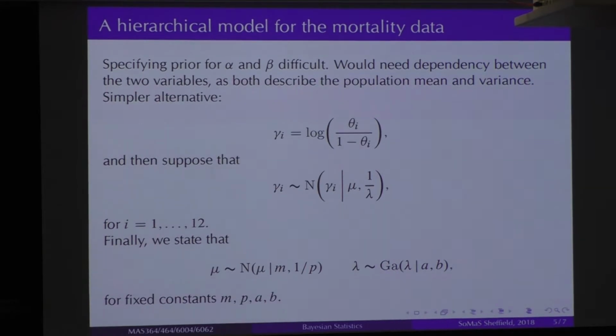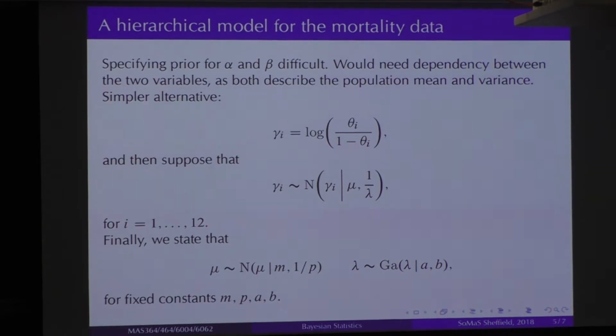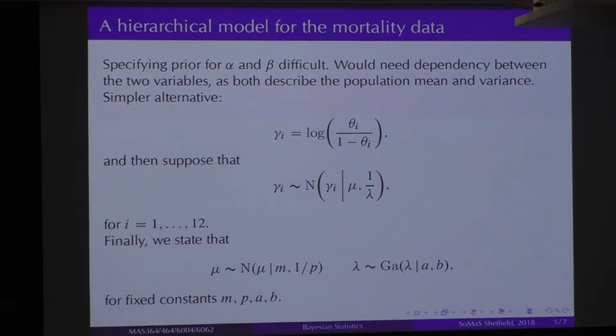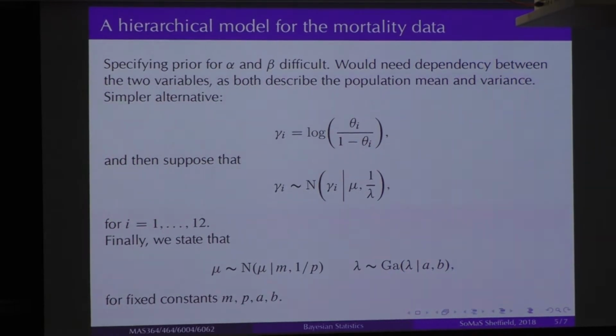So one choice, and that's a choice that I made, there are many. One choice would be to re-parameterize the model, the original model, instead of in terms of the mortality rates, in terms of the log odds ratio, okay?